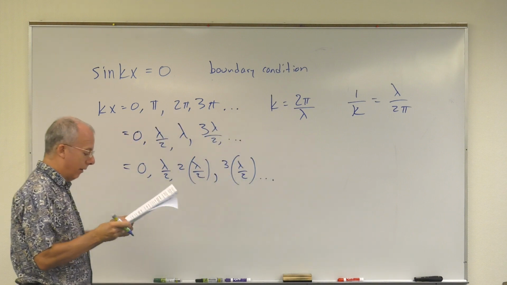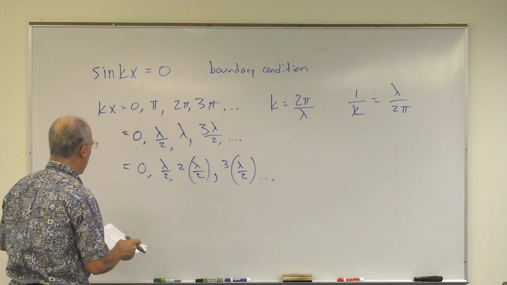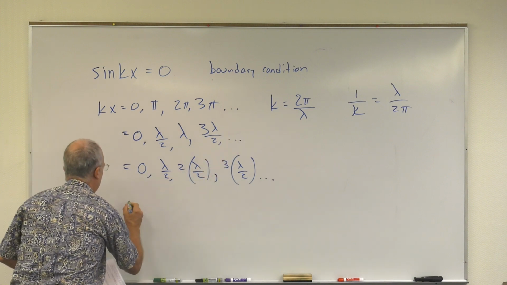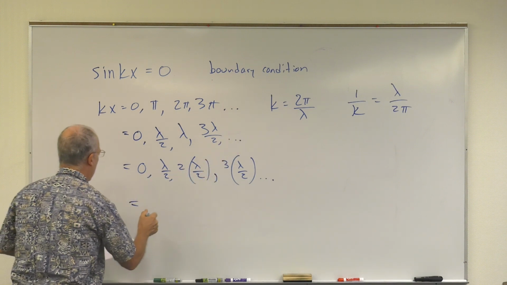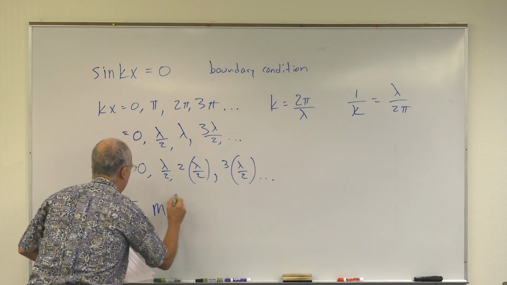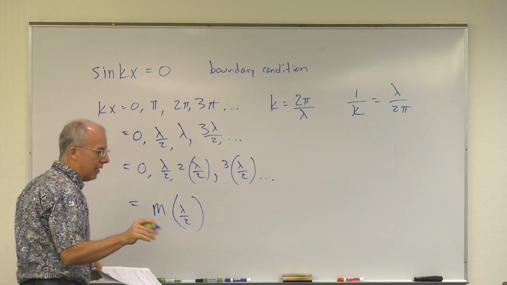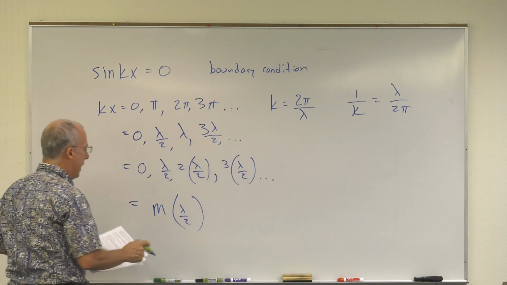So you see a pattern, right? I don't want to keep writing this, it's too much trouble. So we're going to say, therefore, x equals m times lambda over 2. What's m? It's not mass. It's an index.